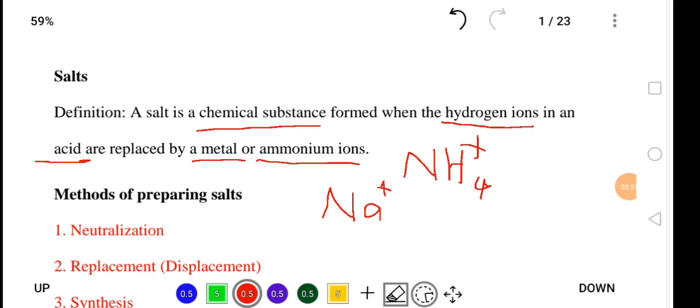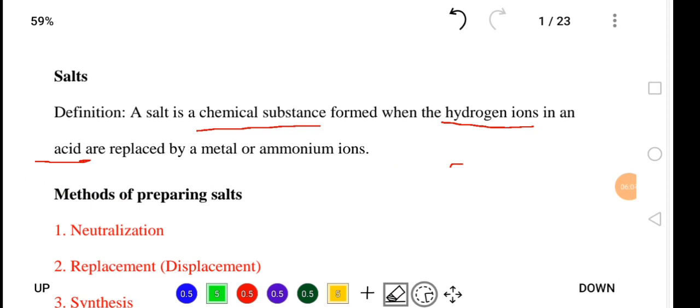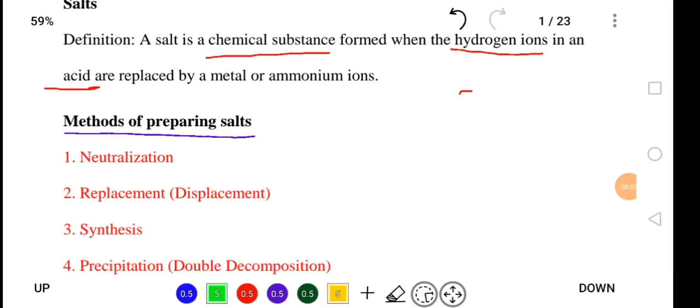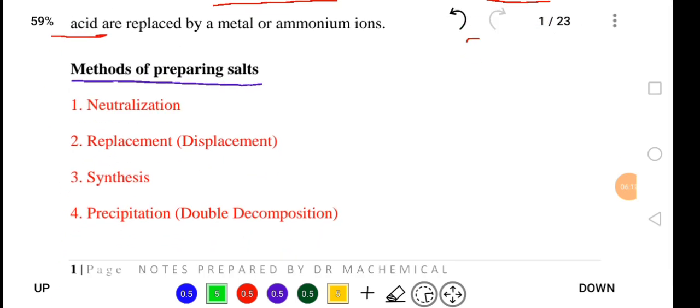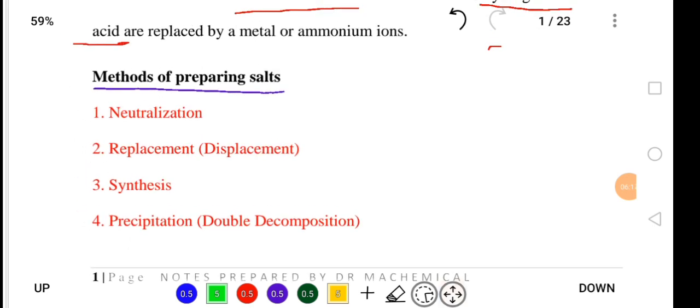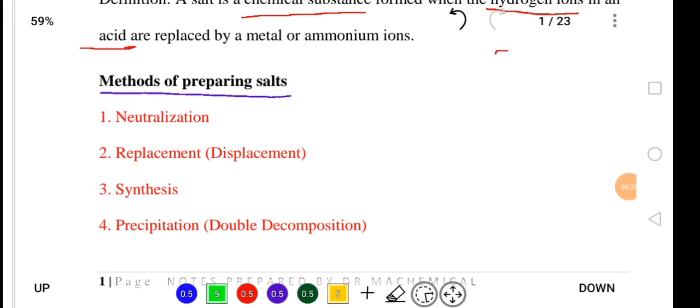Now let us look at the methods of preparing salts. The first method we are going to discuss today is known as the neutralization method. Neutralization method is one of the methods which is used to prepare salts.